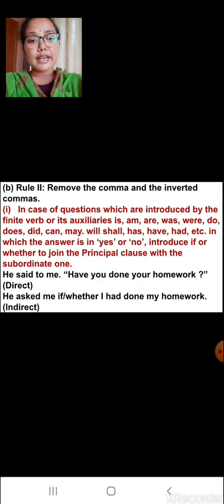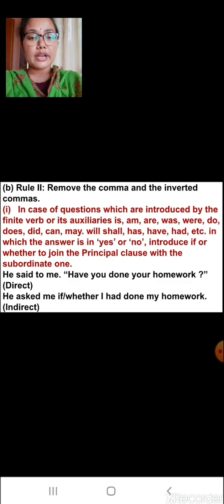In case of questions which are introduced by the finite verb or its auxiliaries is, am, are, was, were, do, does, did, can, may, will, shall, has, have, had, etc., in which the answer is in yes or no, introduce if or whether to join the principal clause with the subordinate one.